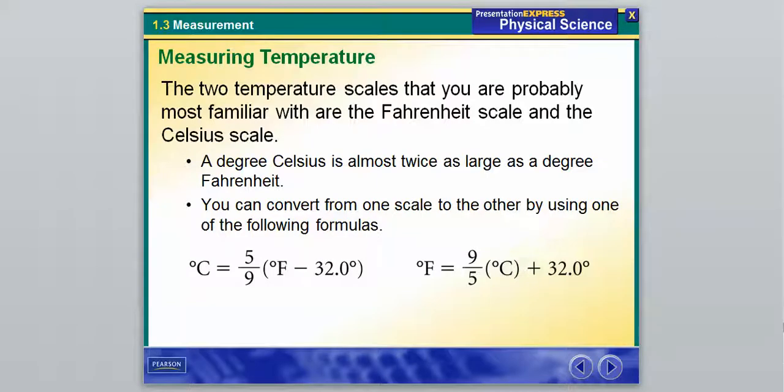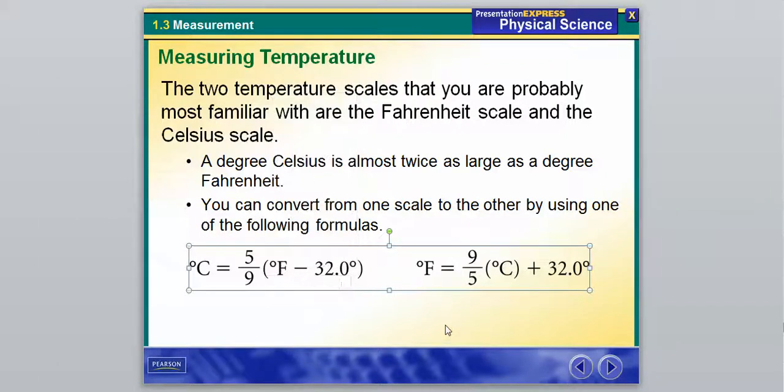Now when we measure temperature, the two scales that we're probably most familiar with, hopefully you've heard these before, are the Fahrenheit and Celsius scales. A degree Celsius is almost twice as large as a degree Fahrenheit, and you can convert between the scales by using one of the two following formulas. So I would probably jot these two formulas down.